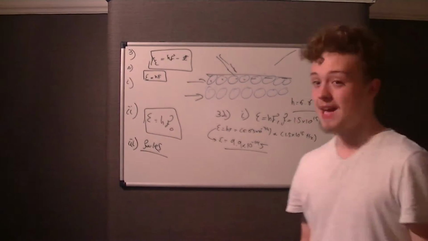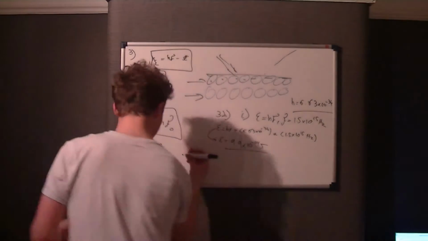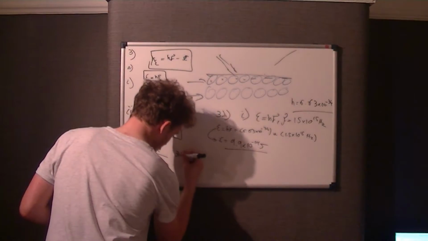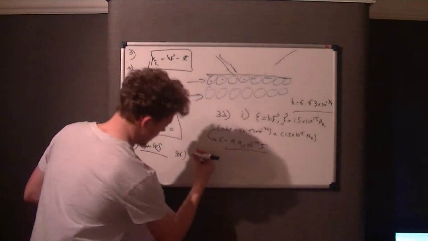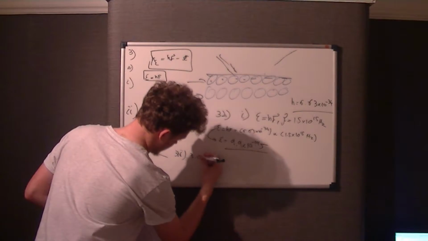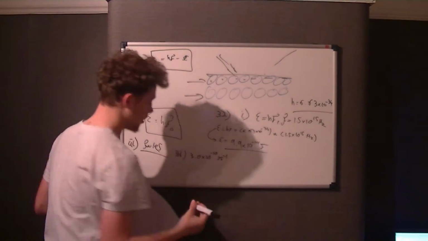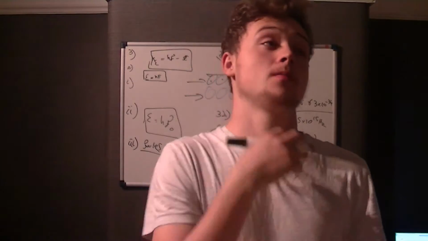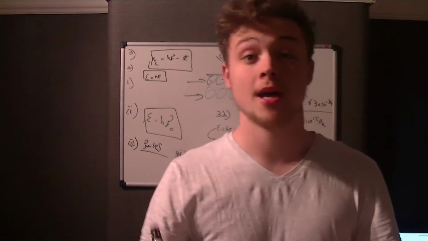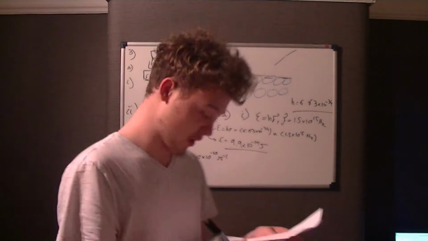It told us that each square millimetre receives 3.0 times 10 to the minus 10 joules per second. So that's the energy received. So that's the total energy of all the photons on a square millimetre of this metal per second.